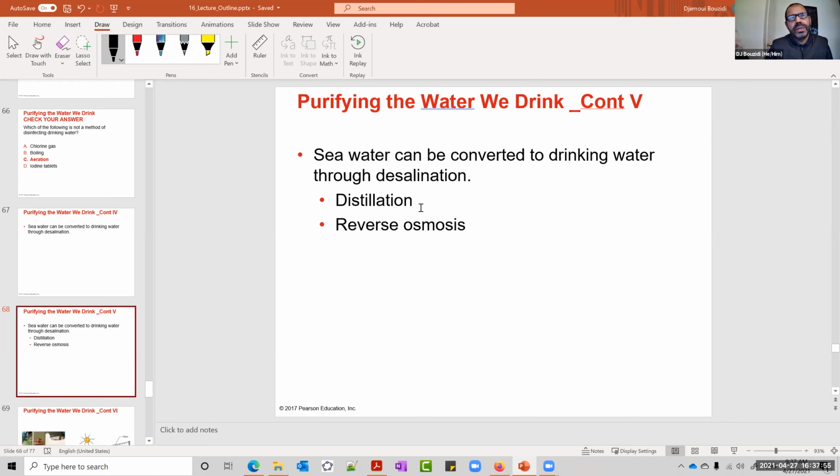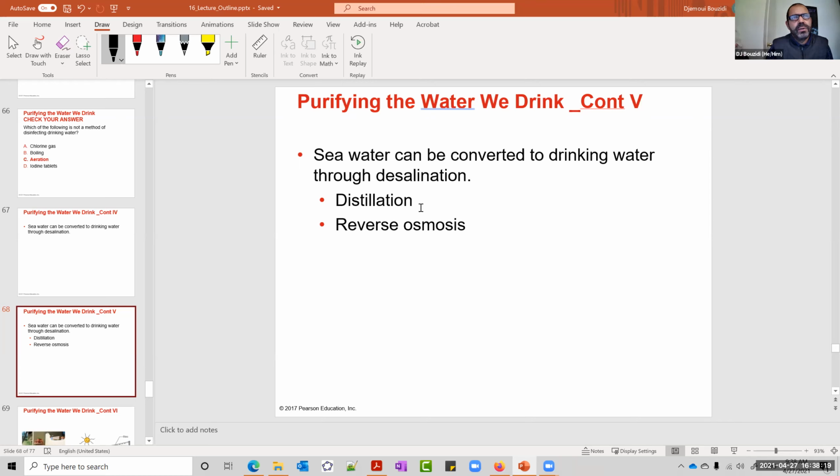The other one also costs energy, because you have to apply pressure against one side to cause the water to move in the opposite direction, so that you have this reverse osmosis. And that too can present an engineering challenge if you want to make it an industrial operation. So both of them are costly.